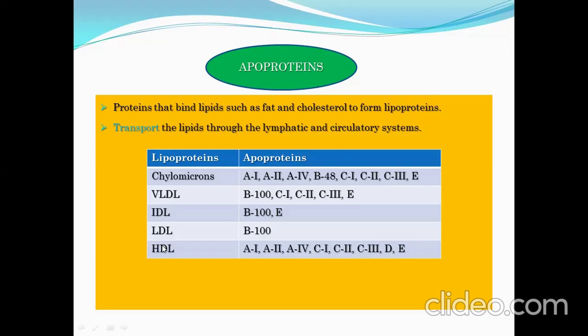And HDL, high density lipoprotein, has apo A1, A2, A4, C1, C2, C3, D, and apo E. So apoproteins are the protein molecules that bind to lipids, fat and cholesterol, to form lipoprotein, which helps transport the lipid molecules, and they are important.